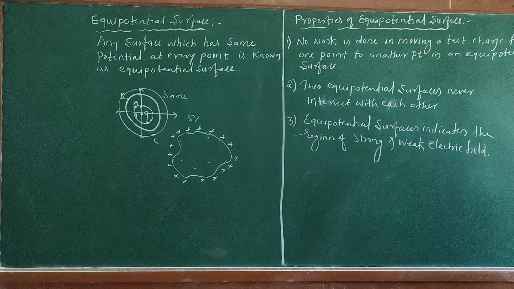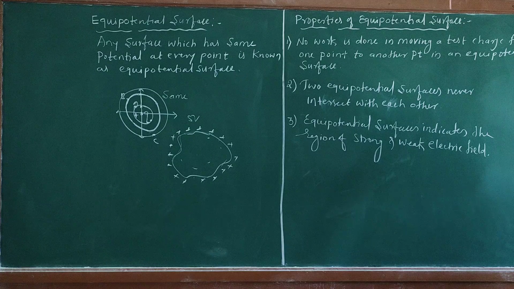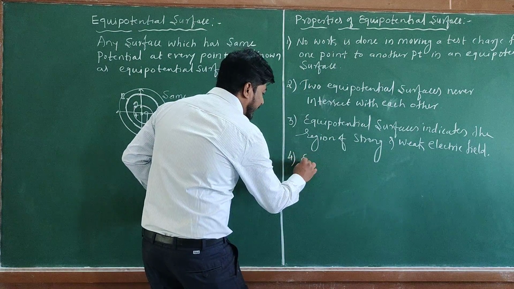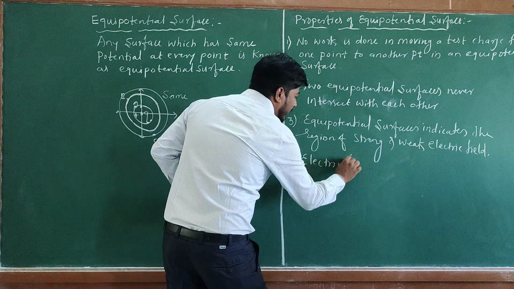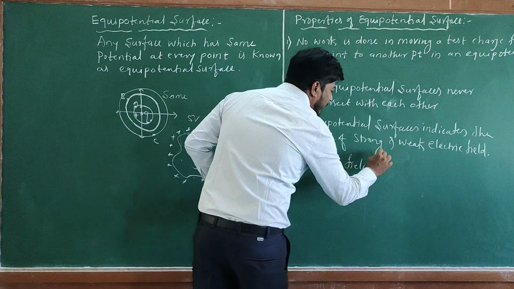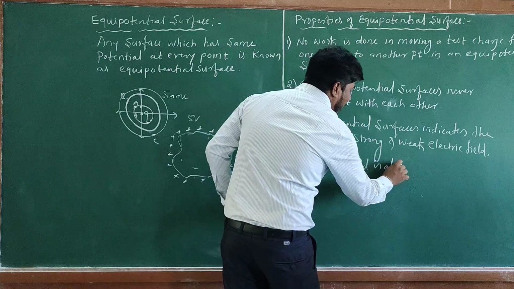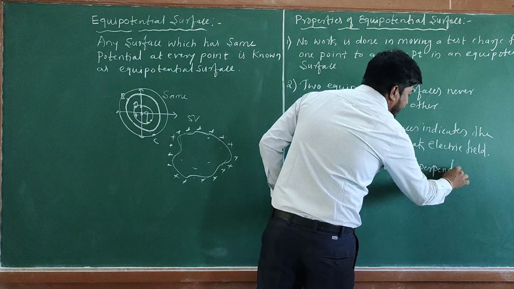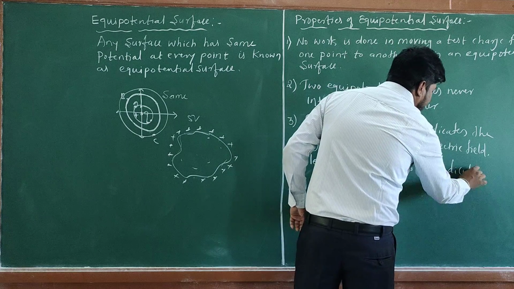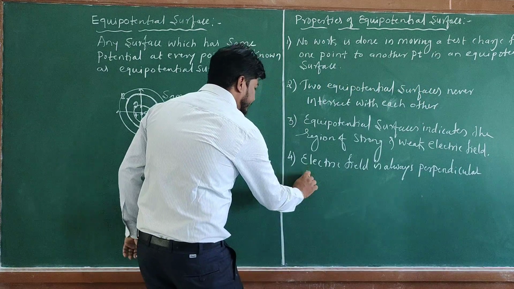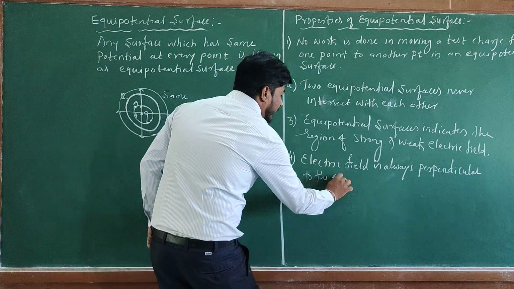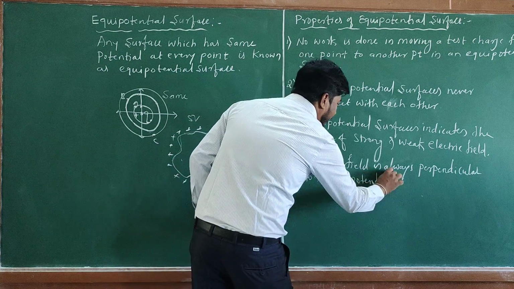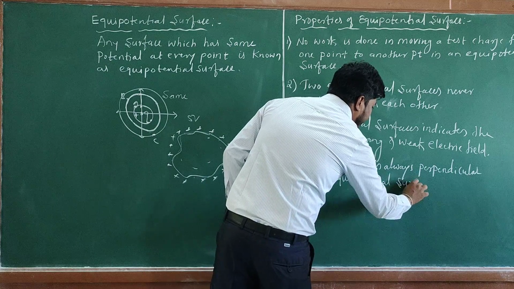And the fourth property is that the electric field is always perpendicular to the equipotential surface.